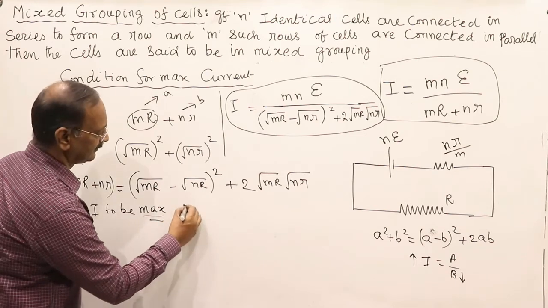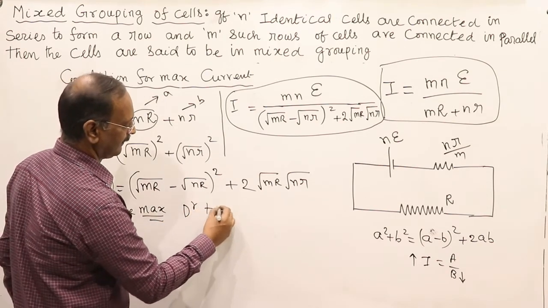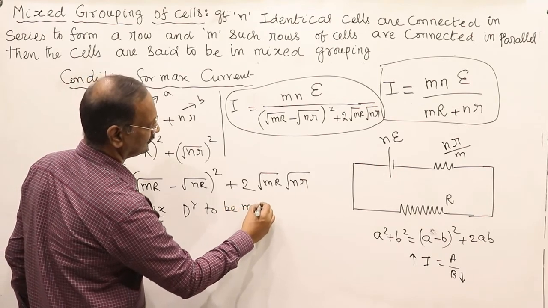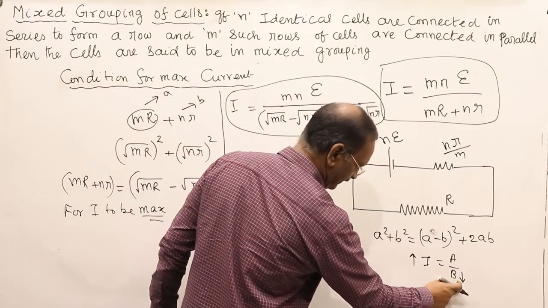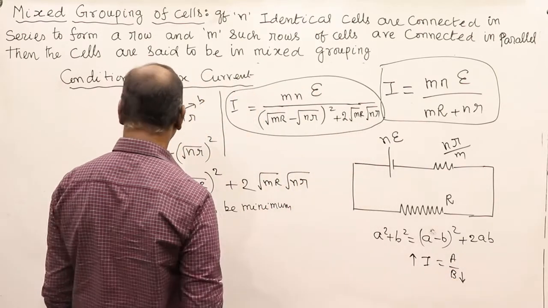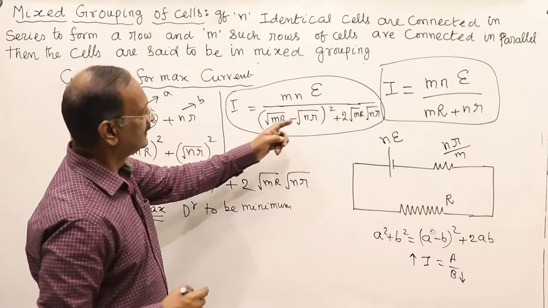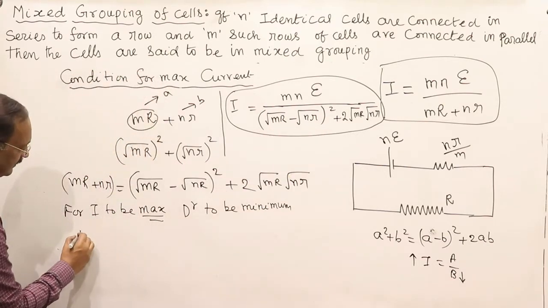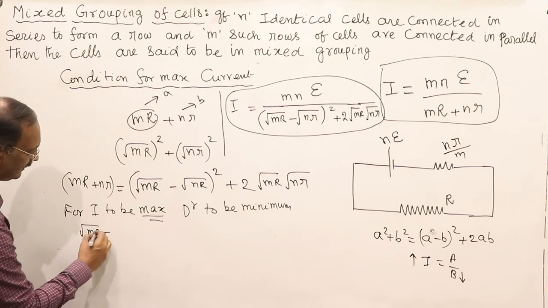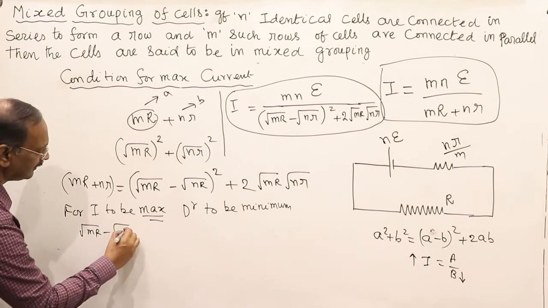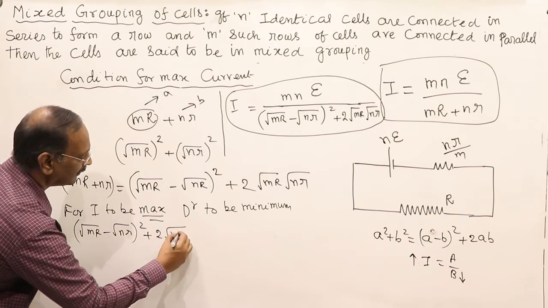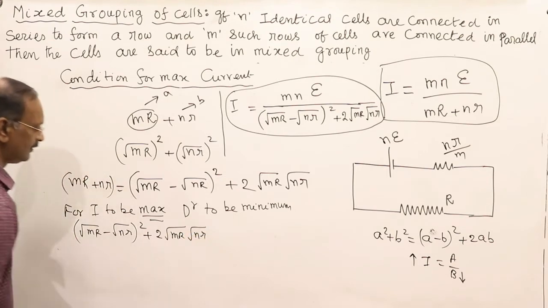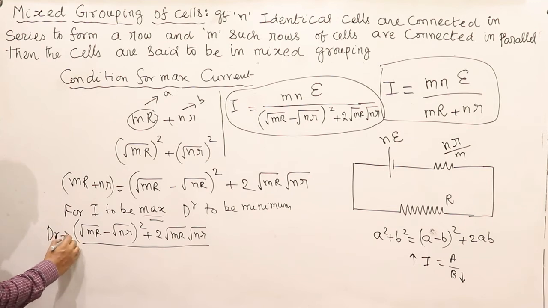So for I to be I max, the denominator, (√(mr) − √(nr))² + 2·√(mr)·√(nr), has to be minimum.